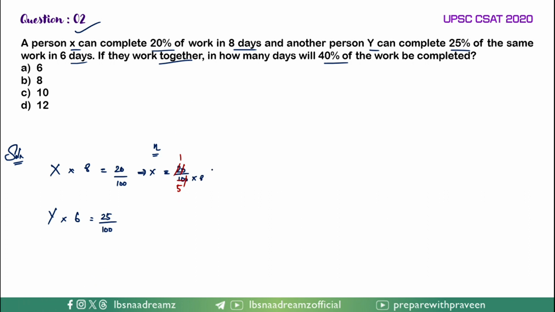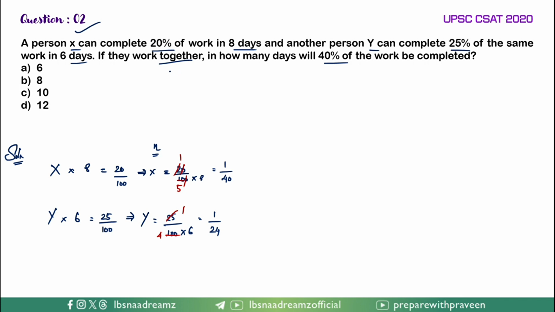So efficiency of X is equal to 1 by 40. Efficiency of Y is equal to, cross multiplying, so efficiency of Y is equal to 1 by 24.